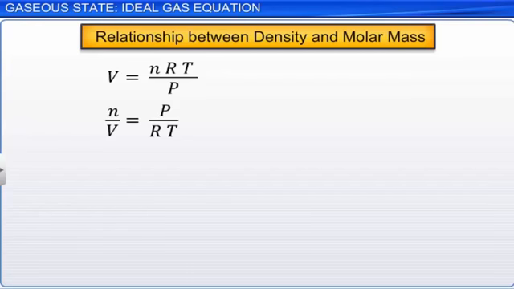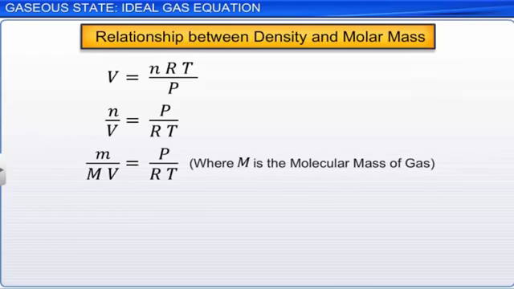We know that m by V is equal to d, where d is the density of the gas. Thus, we can rewrite the equation as d divided by M is equal to P divided by R into T. On rearranging the equation, we get the relationship to calculate the molar mass of a gas as M is equal to d into R into T divided by P.